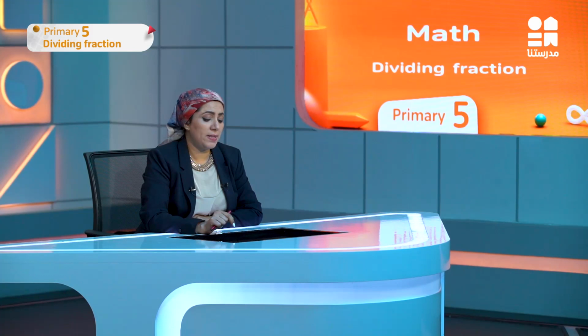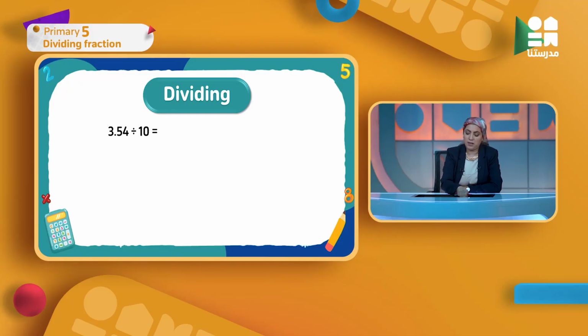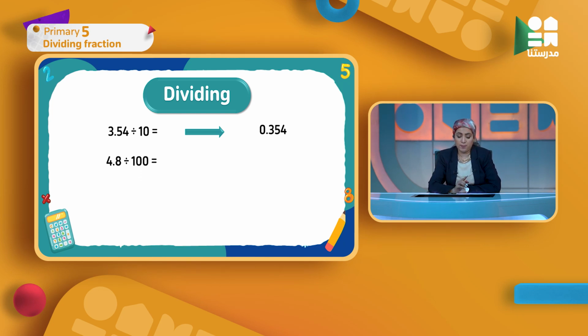Now, I will divide these examples. 3.54 divided by 10. 10, 1 place, divided to the left. Then it will be 0.354. The other example, 4.8 divided by 100. 2 zeros, 2 places. To the right or to the left? To the left.